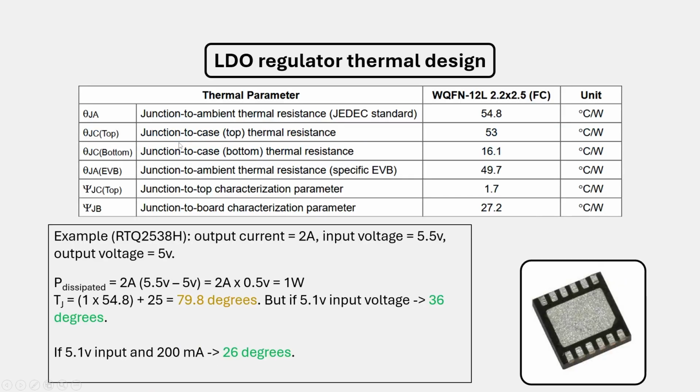But if you go to an LDO, for example, this expensive Richtek one that I talked about, you can find a table similar to the previous one. It tells you that the package is WQFN, which is this one. As you notice, it has what's called a power pad inside underneath. This is usually connected to the ground of this device.